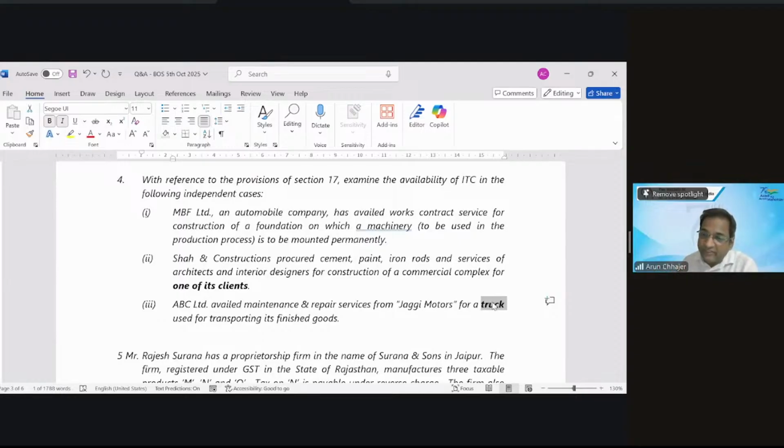And if the motor vehicle is for the transportation of persons up to 13-seater, then it will be allowed only if you satisfy the three conditions which are given. I have clarified this at the time of the discussion of 17(5) also. So which vehicle is in the blocked category? Transportation of persons up to 13-seater.